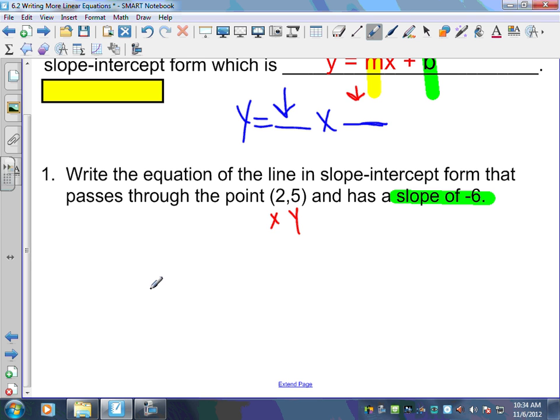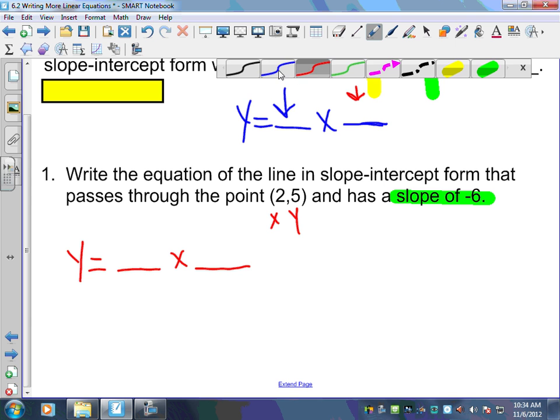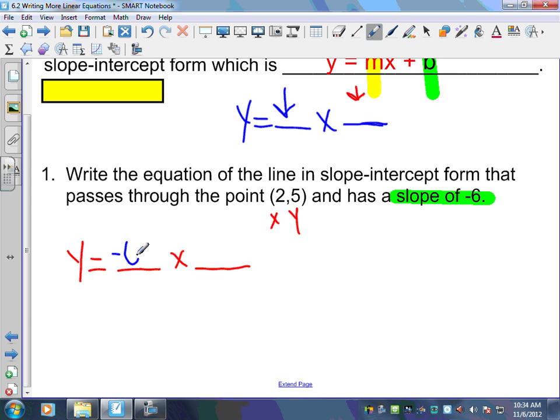So now, I'm going to do this. Y equals blank x blank. These are the two blanks I need to fill in. My slope and my y-intercept. Do I know my slope? Yes, I do. My slope is -6. I don't know my y-intercept. So how can I find it?